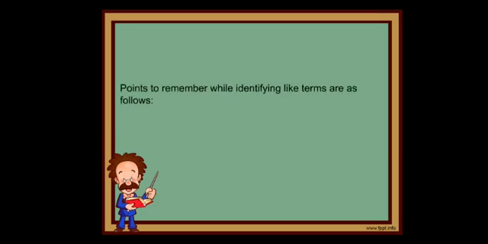Points to remember while identifying like terms are as follows. While identifying like terms, we have to keep these things in mind. First, we have to neglect the numerical coefficient of the term. So in each term, ignore the numerical coefficient. Terms may have different numerical coefficients.